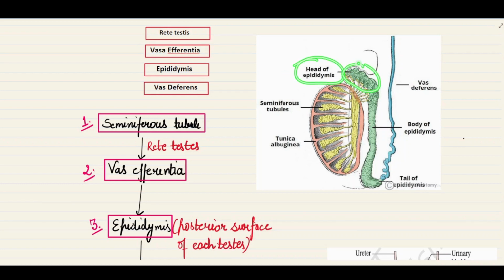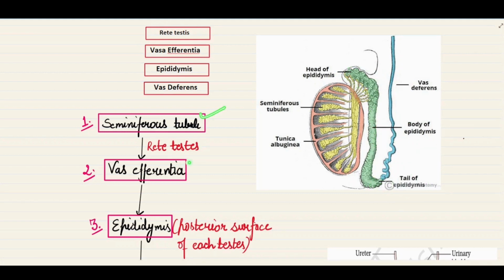This is the head of the epididymis. Epididymis is the part where these capillaries leave the testis and open into this head-like structure. The epididymis has a head, a body, and a tail.